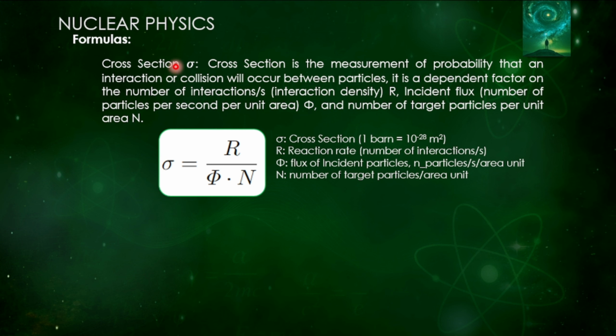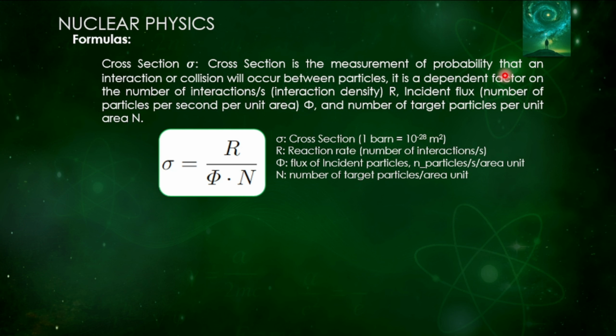All right, cross section sigma. The cross section is the measurement of the probability that an interaction or collision will occur between an incident particle and a static particle within a specific area.